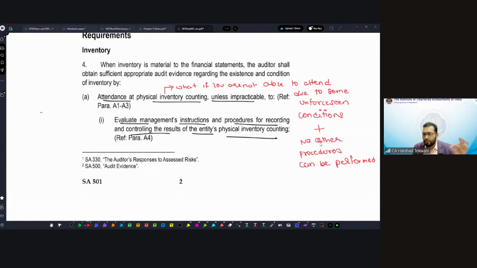Simple. So without verification you cannot obtain sufficient and appropriate audit evidence. What will you do?